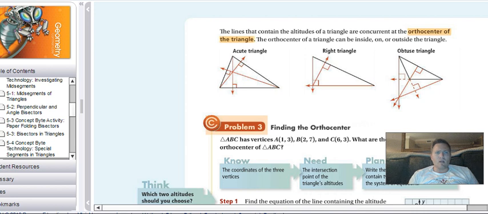So I want you to write down this right here and these 3 triangles. It says that the lines that contain the altitudes of a triangle are concurrent at the orthocenter of the triangle.